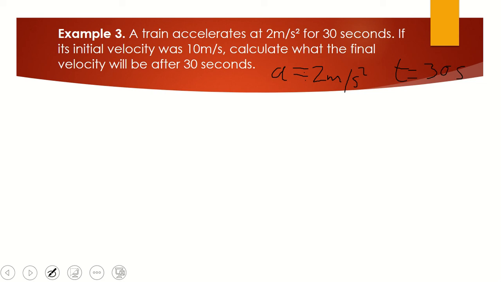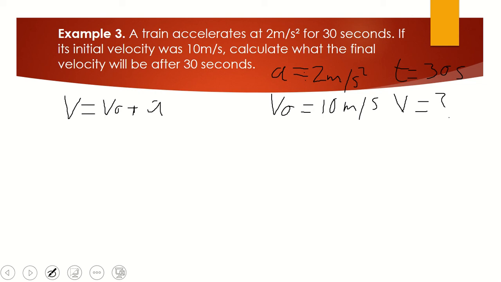If its initial velocity was 10 meters per second, calculate what the final velocity will be after 30 seconds. So we're trying to find final velocity. From our previous page where we did the rearrangements, we have that v equals v naught plus at.